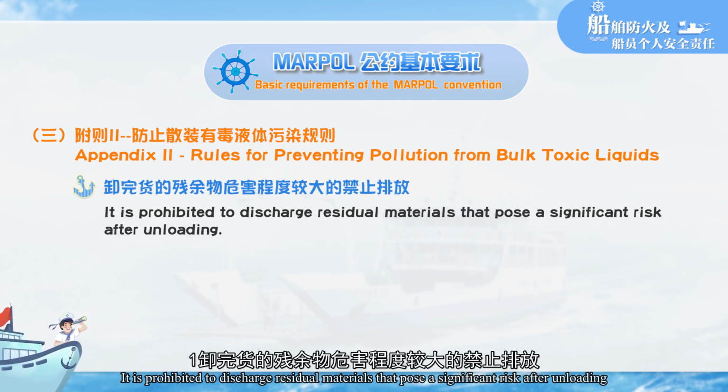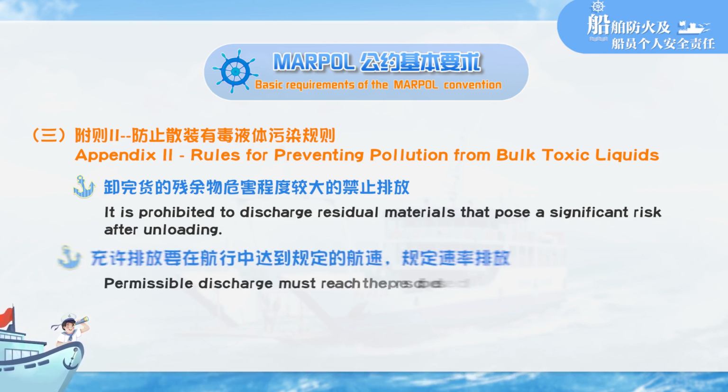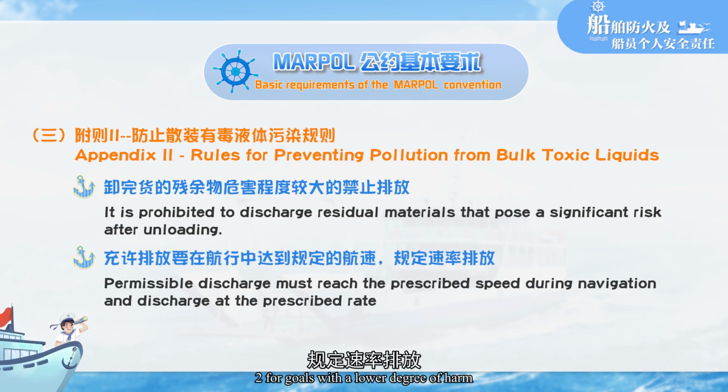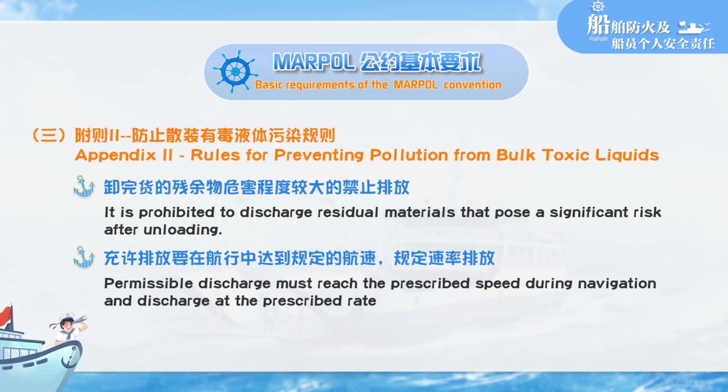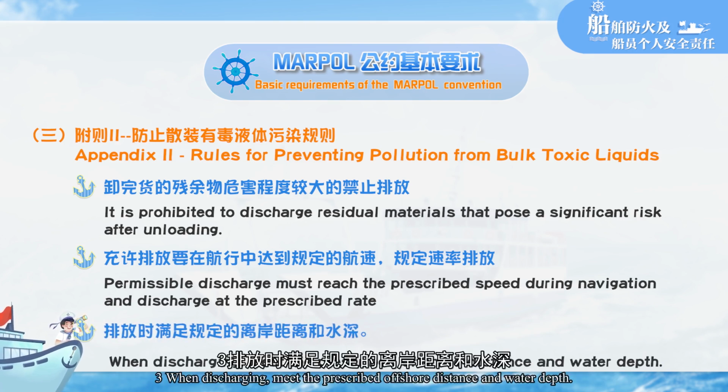It is prohibited to discharge residues that have a greater degree of harm after unloading on board. 2. For those with a lower degree of harm, it is allowed to discharge at the prescribed speed and rate during navigation. 3. It is also important to pay attention to meeting the prescribed offshore distance and water depth when discharging.